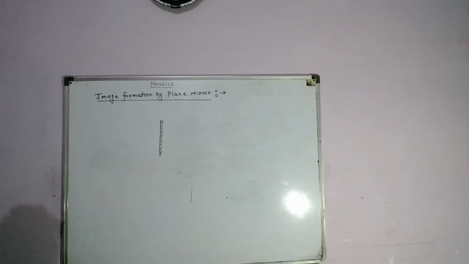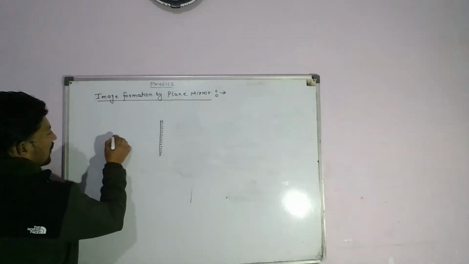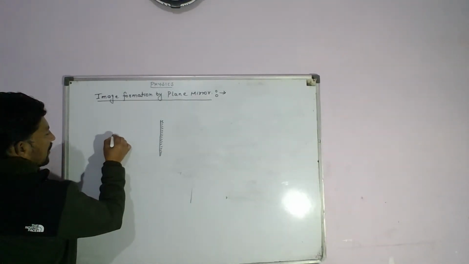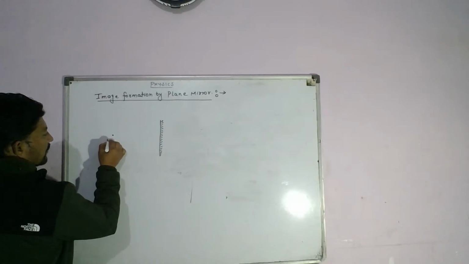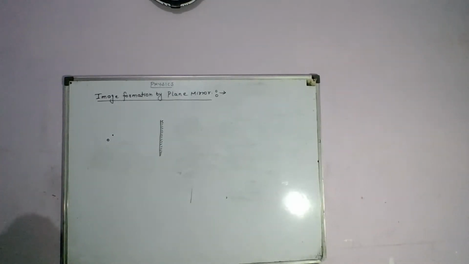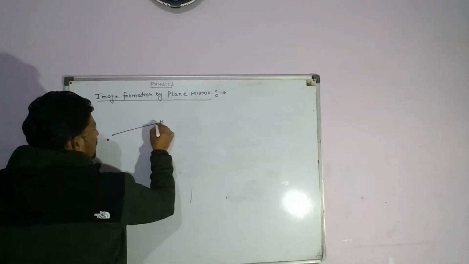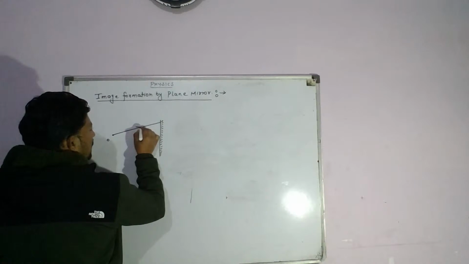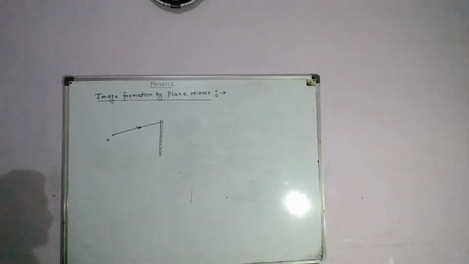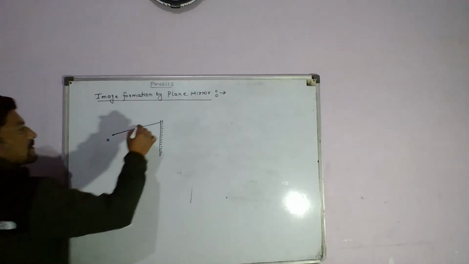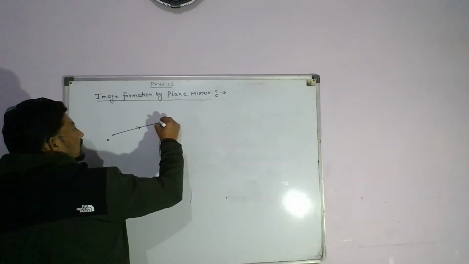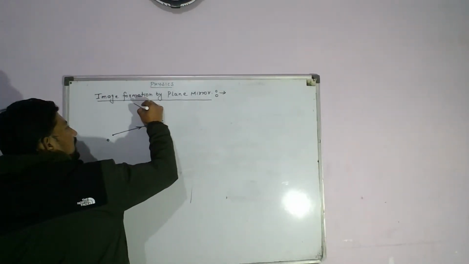Suppose you place the object at this point and strike an incident ray at this point. If the incident ray strikes at some angle, it reflects like this.